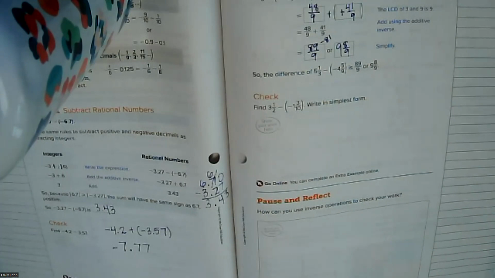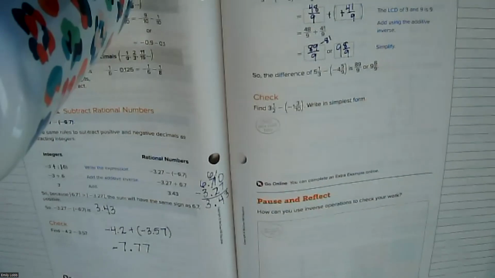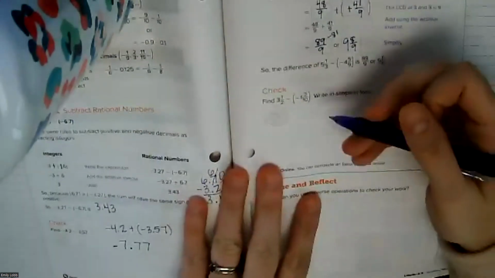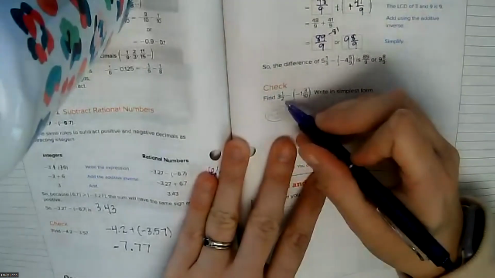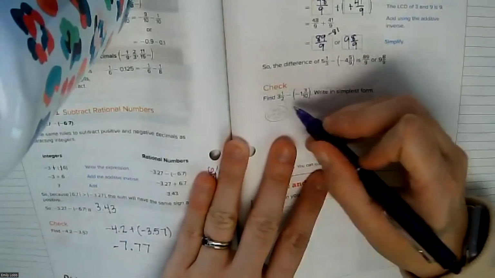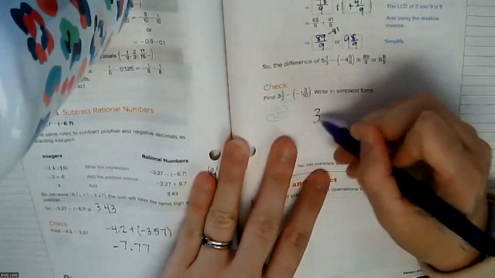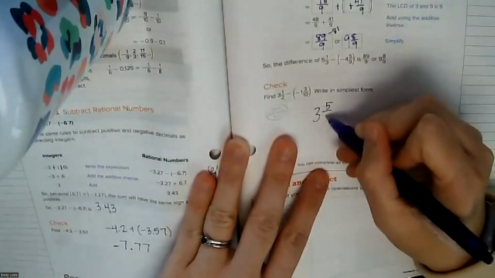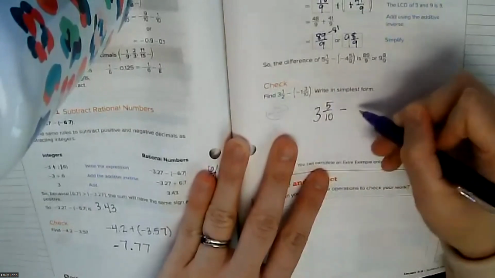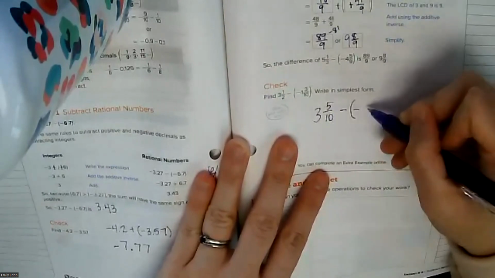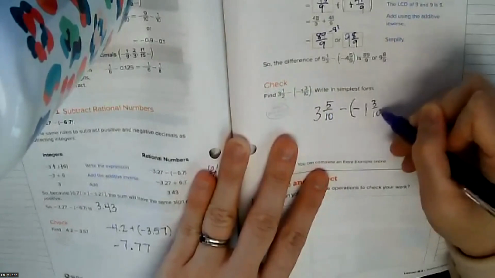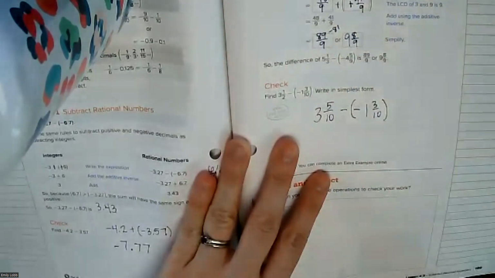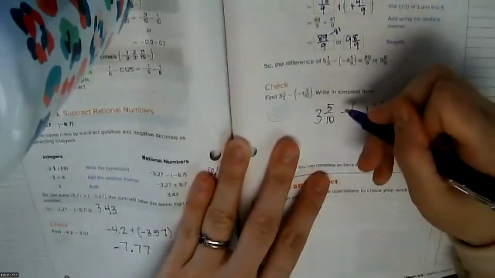So if you did this by decimal, you're probably done. If you did it by fraction, it might take a little longer. So I can think of this, change these out of 10, right? So 3 and 5/10 minus negative 1 and 3/10. So keep, change.